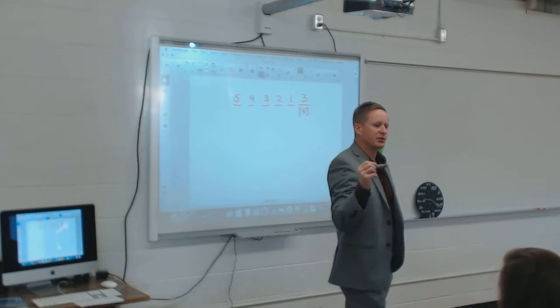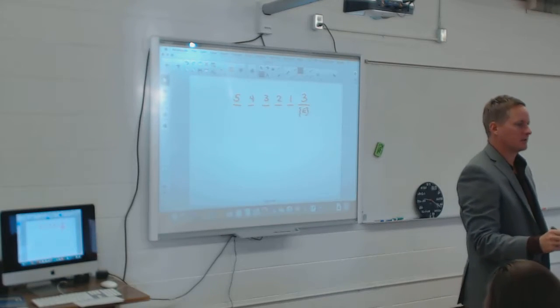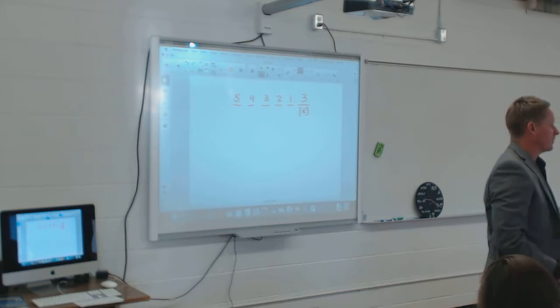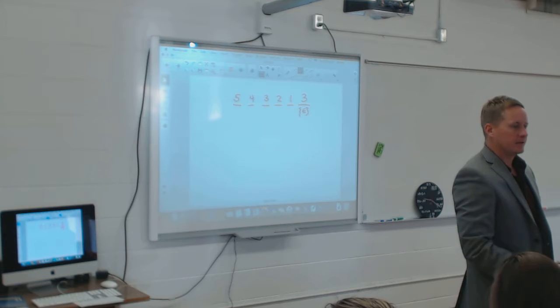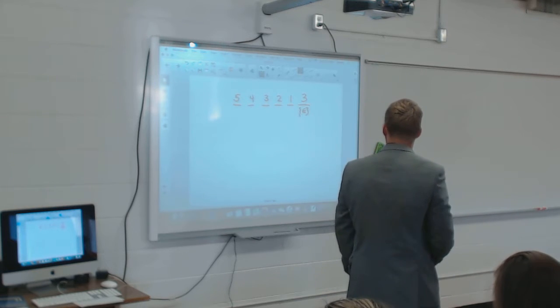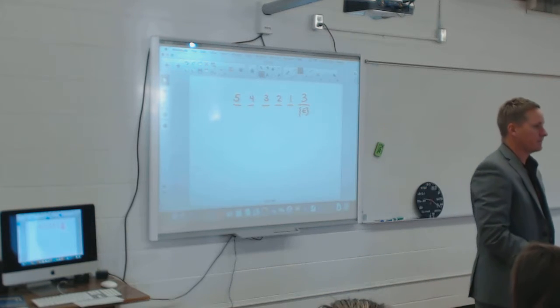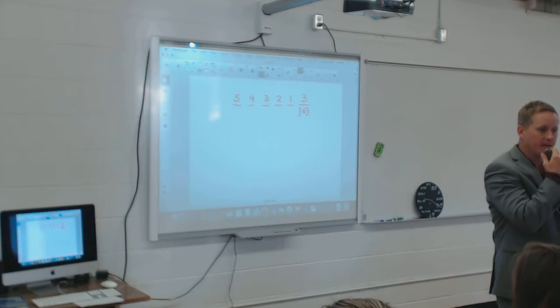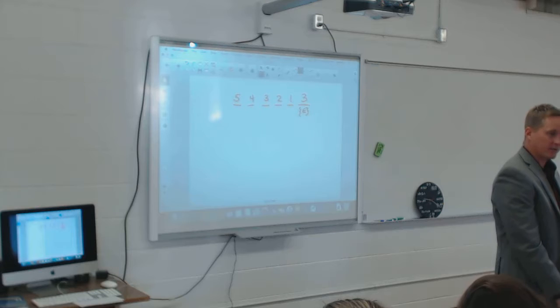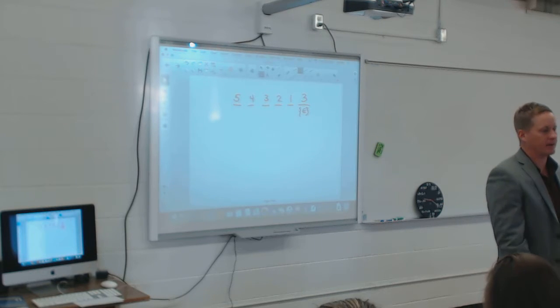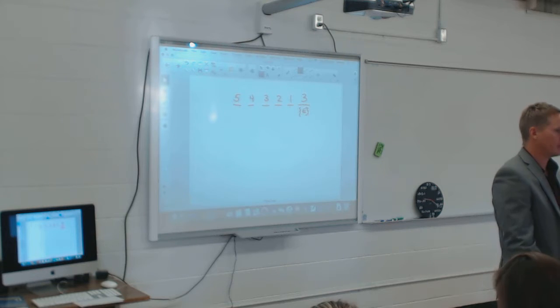As long as I do my restrictions first, everything else just falls into place. So 5 factorial times 3 is 360, right? It's just another example. Any questions about that so far? Restrictions have to be done first, and then you do everything else.